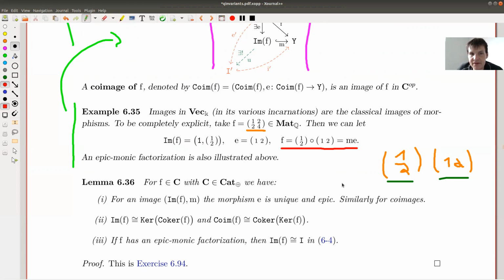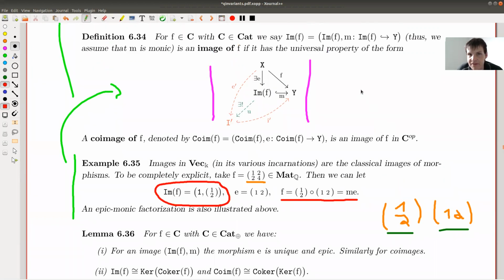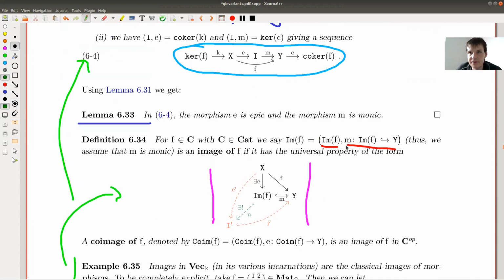And how do you get this morphism here? Well, it's a corresponding thing for the image. So what is the image of F? Okay, the image of F is again a pair of an object and the M morphism from above, such that a diagram very similar to the diagram for the kernel commutes. Very good.